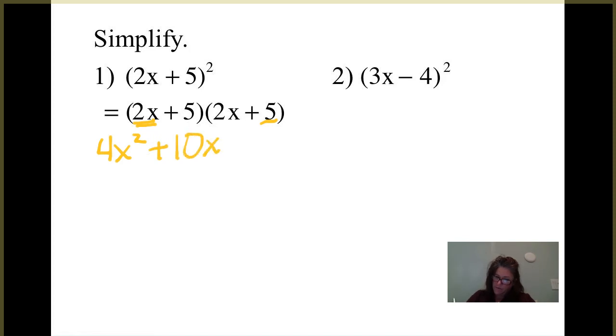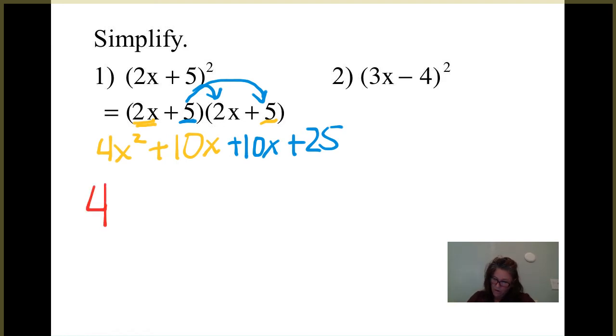And now I'm going to distribute the 5. 5 times 2x is again another positive 10x. And 5 times 5 is positive 25. Now combining like terms, we get 4x squared plus 20x plus 25.